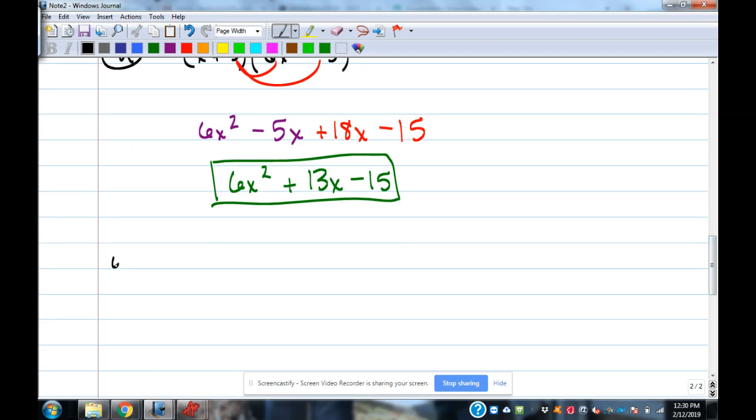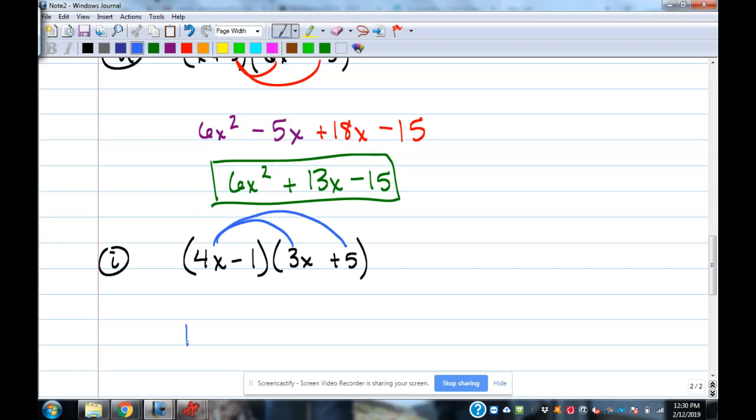Let's go to one that's the same stuff, but maybe a little bit harder. 4x minus 1 times 3x plus 5. We got more numbers in it. So we're distributing 2 times. 4x goes to both of those.